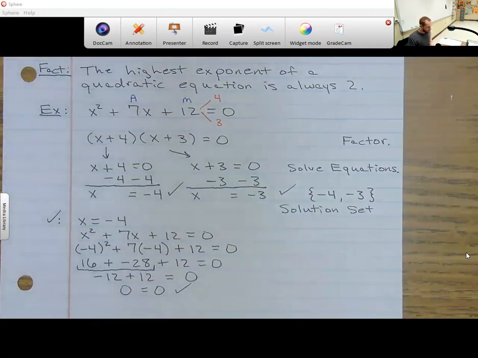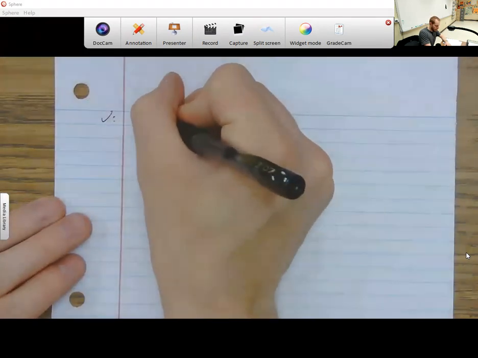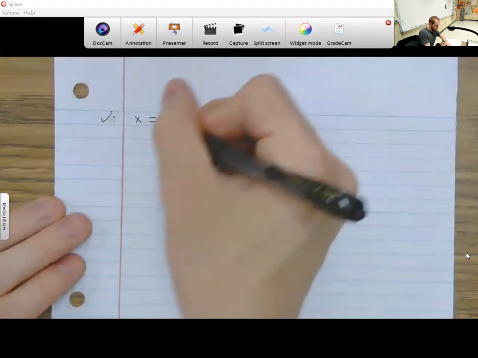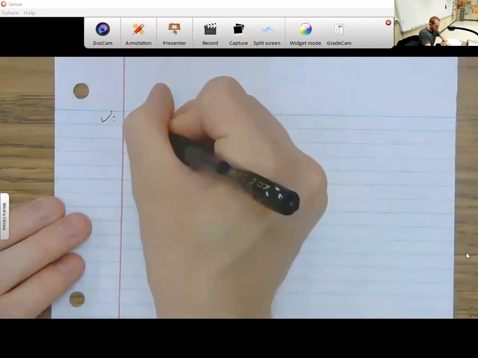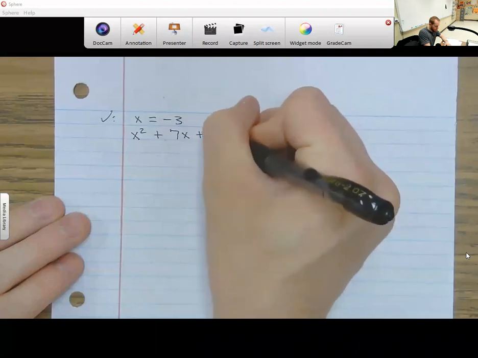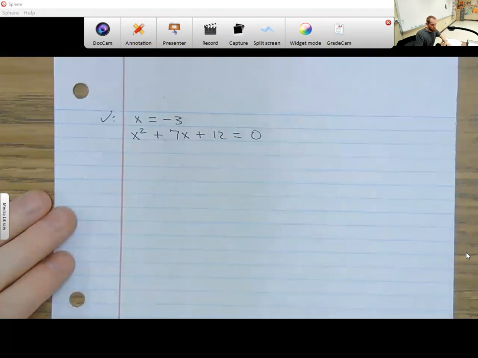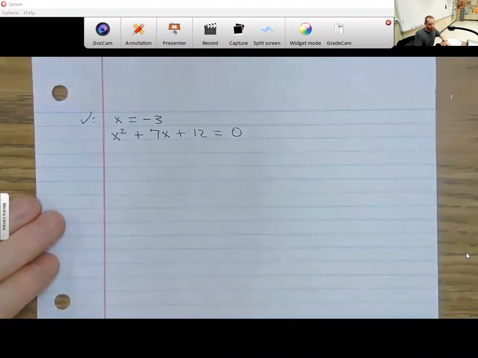Okay, so that's how you check your answers. And the next one we're going to do is we're going to check the -3 and see if that one works out. So now let's let x equal -3 and see what happens. So my original equation was x squared plus 7x plus 12 equals 0. And I replaced the x with a -3 everywhere I see an x.